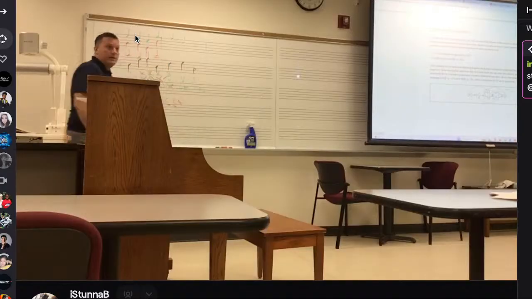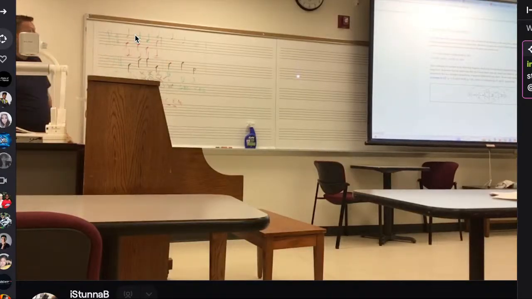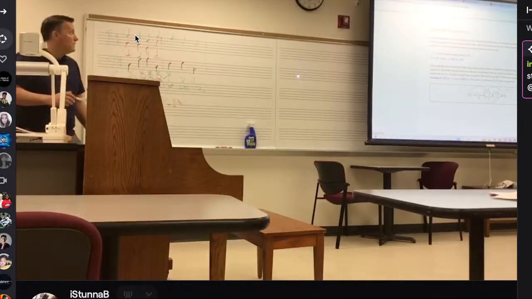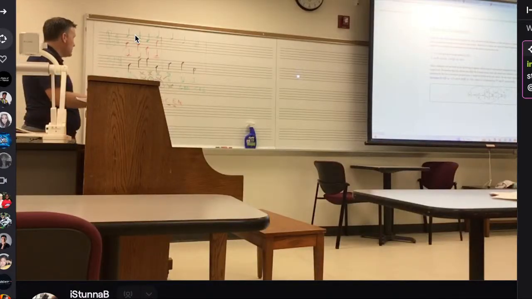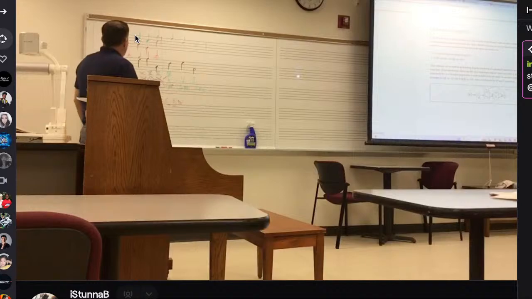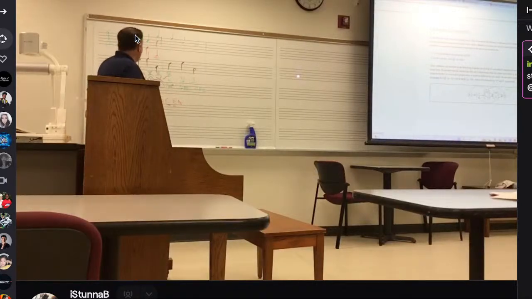1 to 4 is what type of progression, what's the interval there? A fourth, so we can try common tone, we can try tertiary method, we can try similar motion.